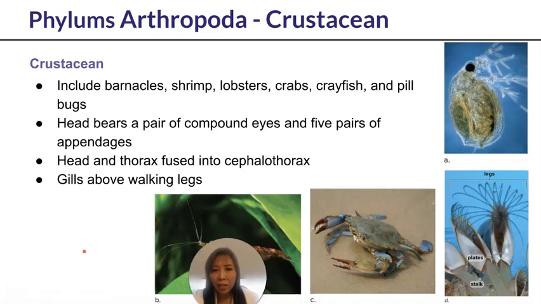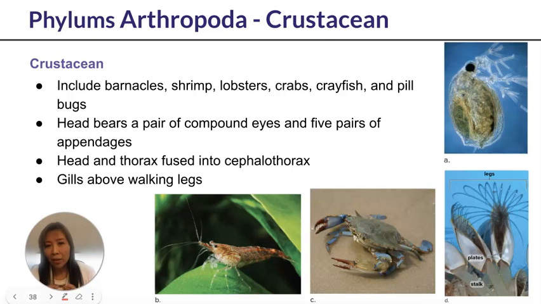Oftentimes their head and their thorax are fused, like right here, forming a structure called the cephalothorax. And the ones that are able to live on land often have the gills above the walking legs. These are just some of the characteristics that we will observe with crustaceans.